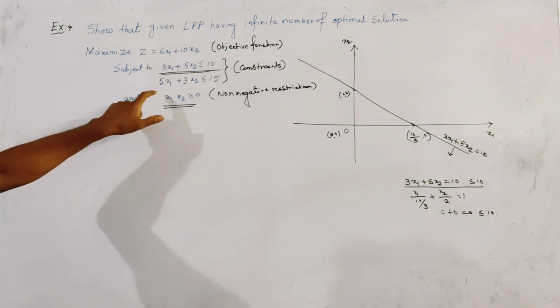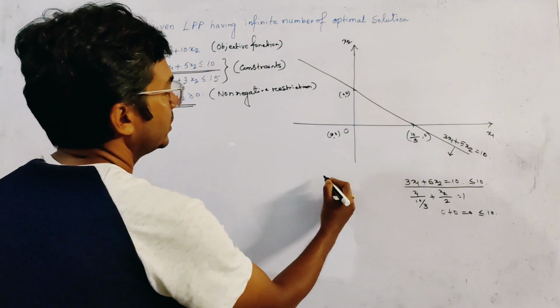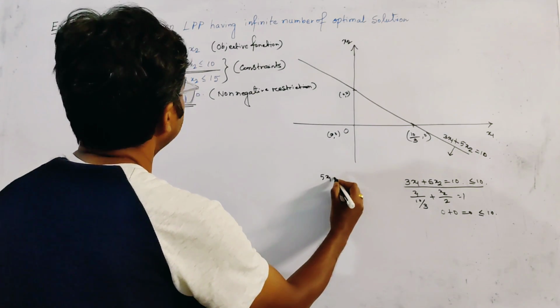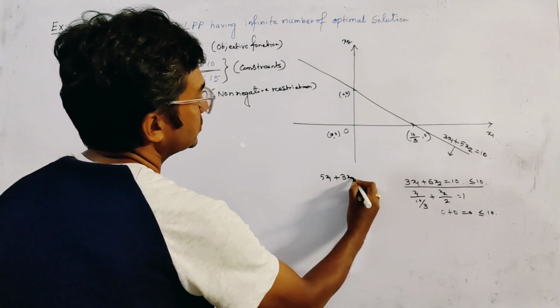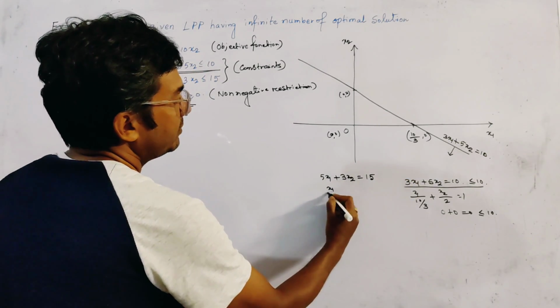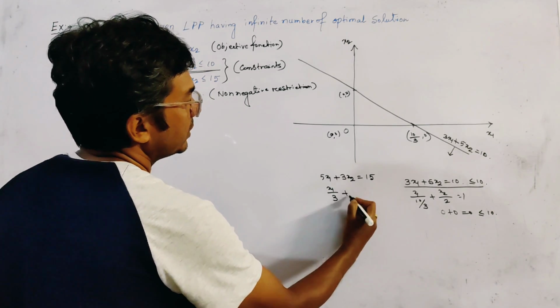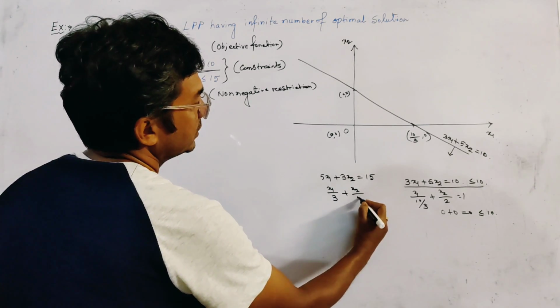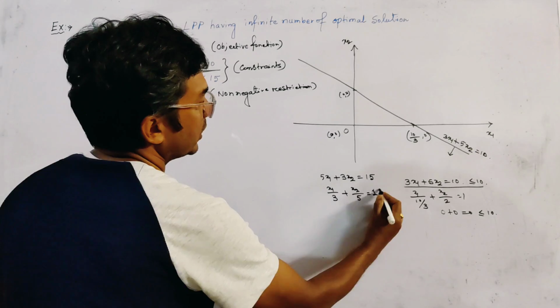Now we draw the second line. This is given by 5x1 plus 3x2 equal to 15, and in intercept form x1 by 3 plus x2 by 5 equal to 1.